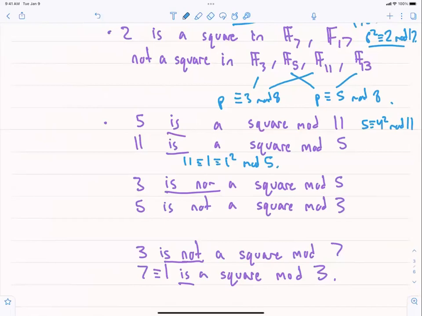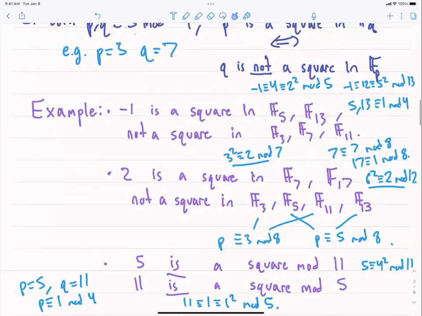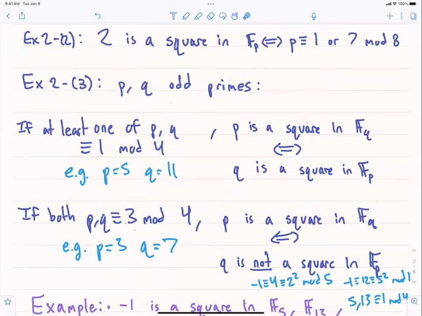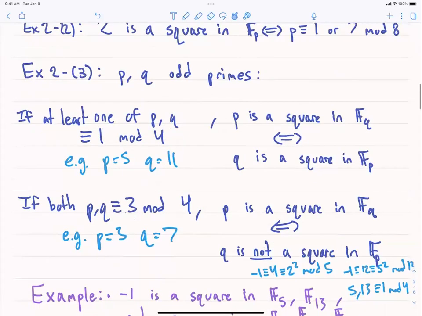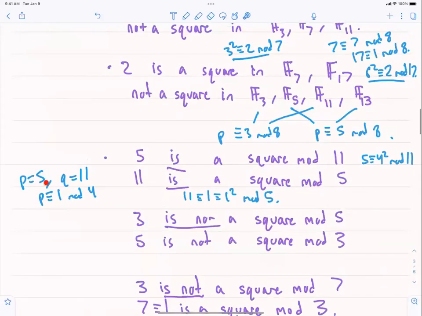Good, and that's as we expected, because if I take P equals 5 and Q equals 11, then P is congruent to 1 mod 4. So what this observation said was that if at least one of P or Q is congruent to 1 mod 4, then these two are the same. Like if 5 is a square mod 11, then 11 is also a square mod 5.